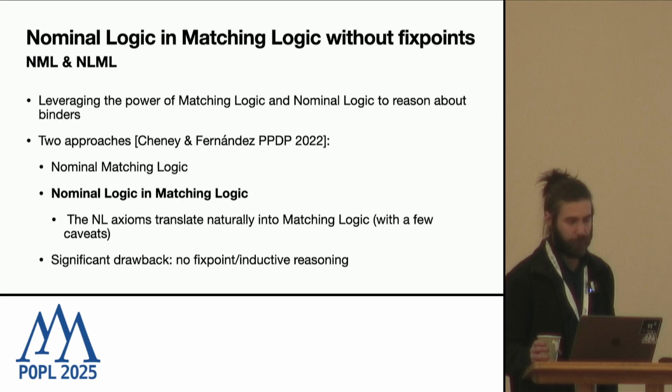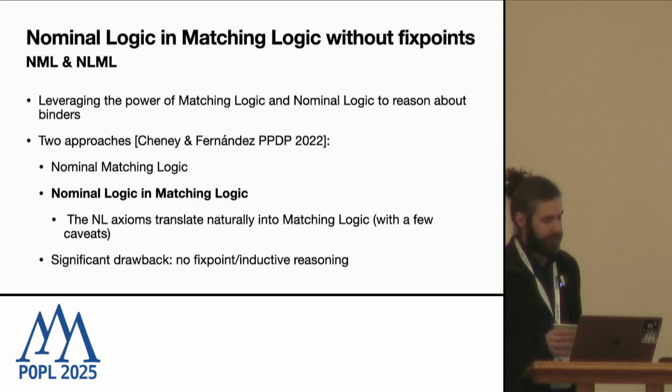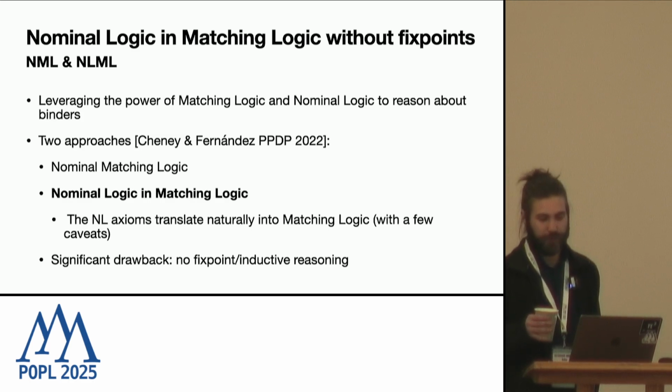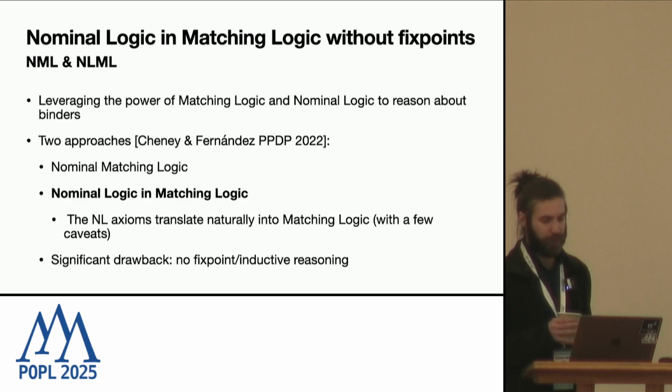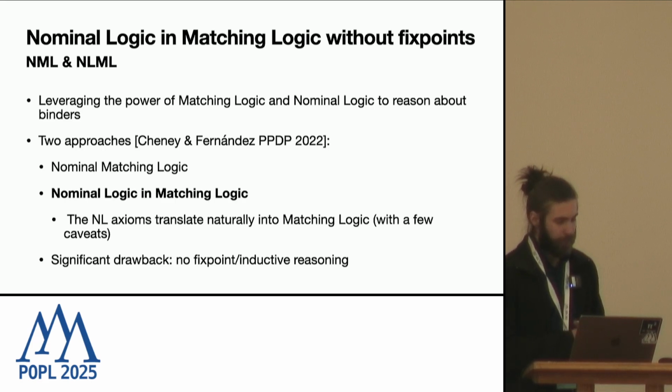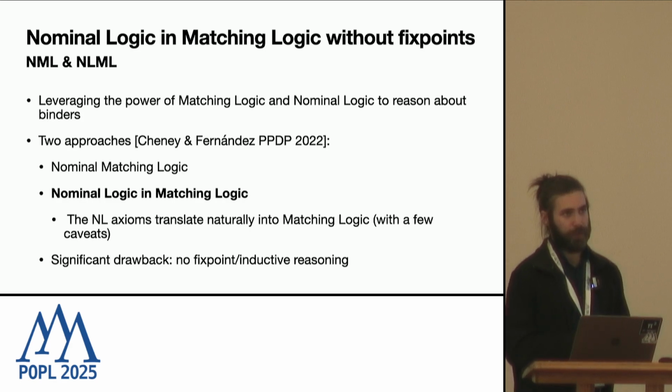And there were two approaches that were proposed in that paper. We have nominal matching logic, which is an extension of matching logic with nominal constructs. And we have nominal logic in matching logic, where we define nominal logic just as a theory in matching logic without changing the base logic. And this is what we used in our current work.